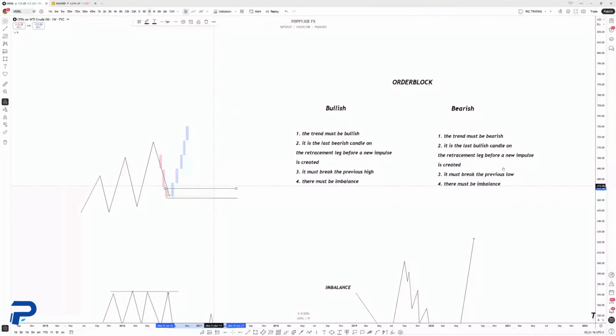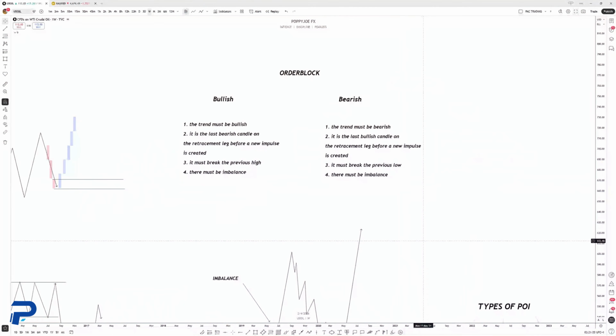The opposite is for a downtrend: the last bullish candle. In a downtrend, you definitely know what I'm referring to. We're looking at the last bullish candle, as price is trying to buy here with bullish candles, before a new impulse to the downside is created.